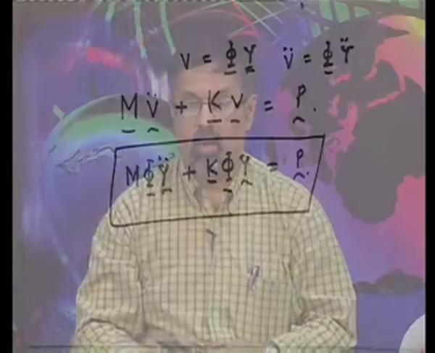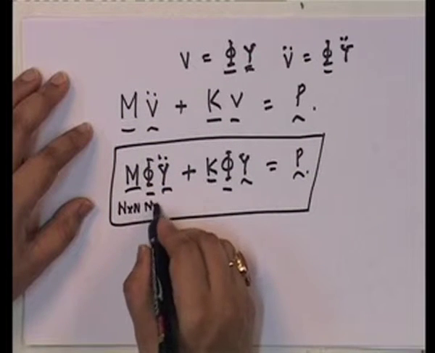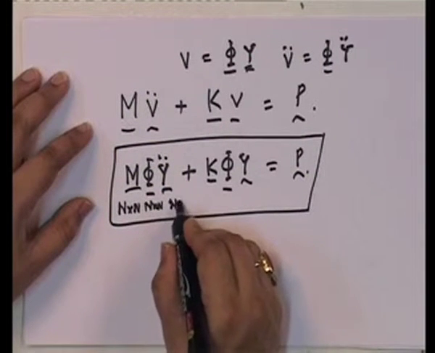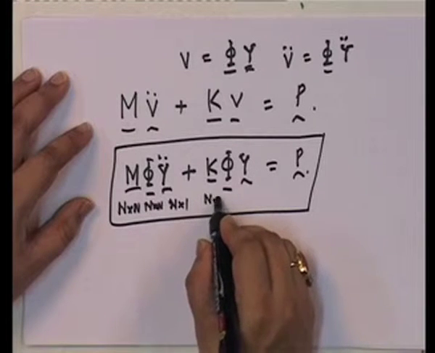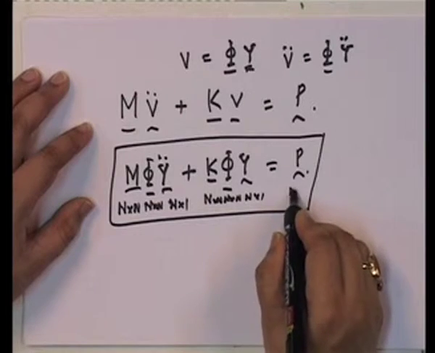Okay. Now you know what I am going to do? As long as I pre-multiply all terms on the left hand side and right hand side by anything, it should be valid. Now note here that this is n by n, this is n by 1, this is n by n, n by n, n by 1, and this is n by 1.